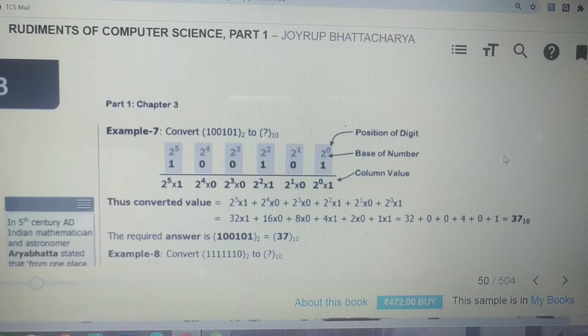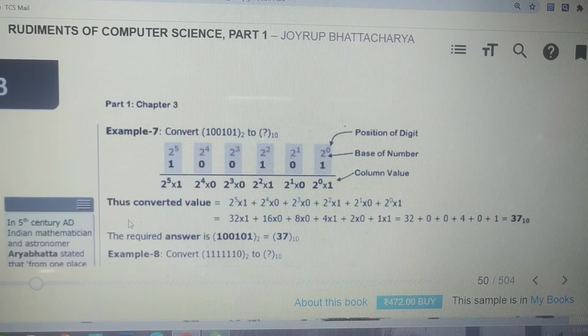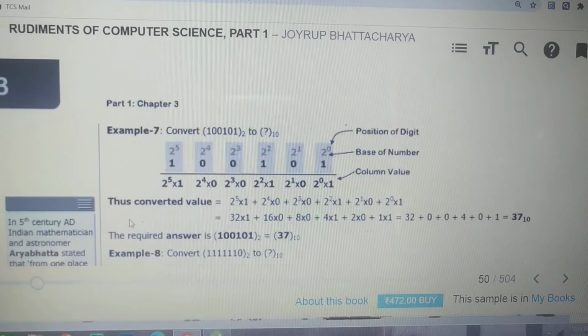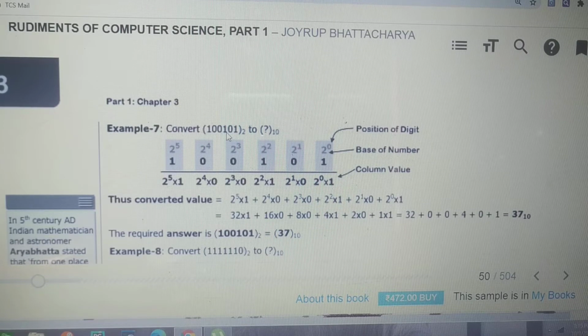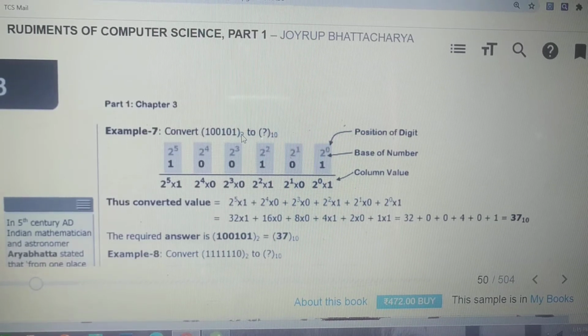Now coming to the mathematics, it will be easy to understand. Binary digits are represented in the form of only 0s and 1s. Suppose a binary number is given, that is 100101. From the right hand side to the left hand side, first we find the position.